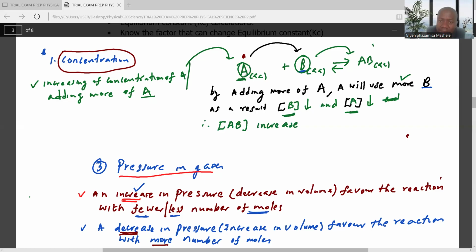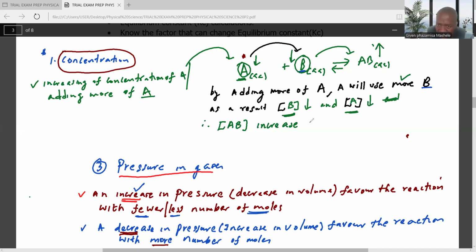So it means by adding more of A, we will use more of B. B will end up decreasing in concentration. Even the A will also decrease. So as a result, we're going to have more of the AB. So you see that once we have a decrease on one side and an increase on the other side, it shows that one side is being favored.